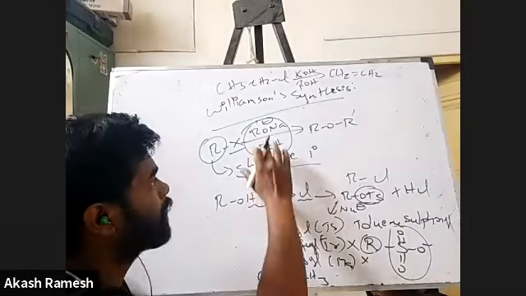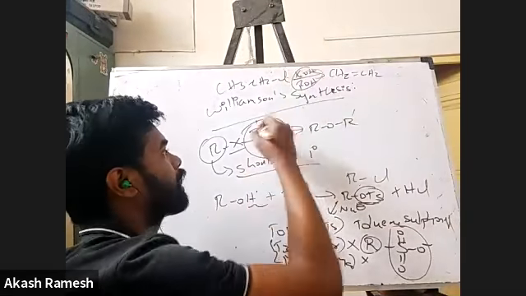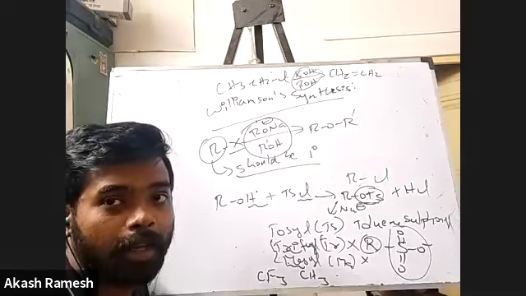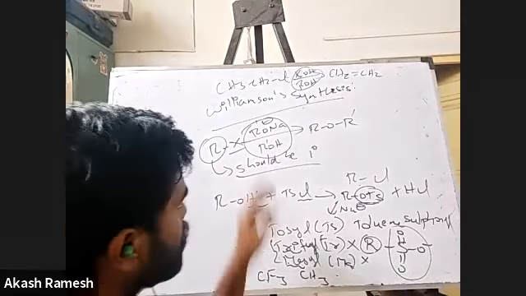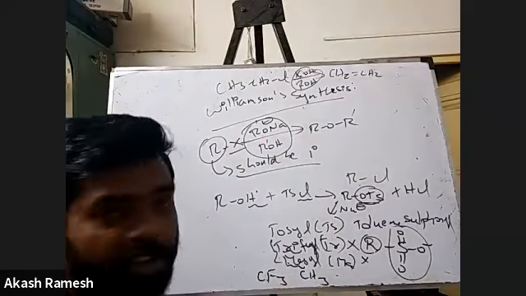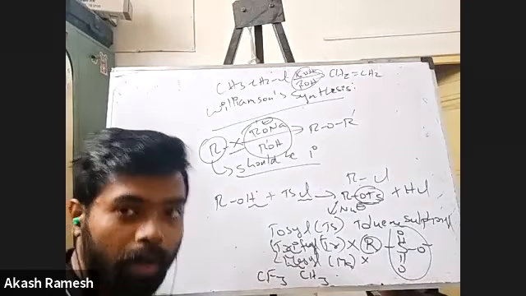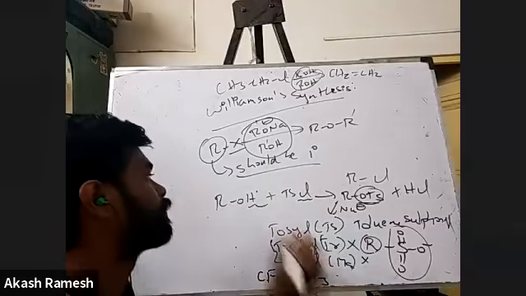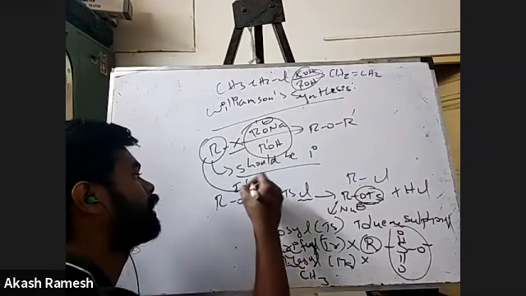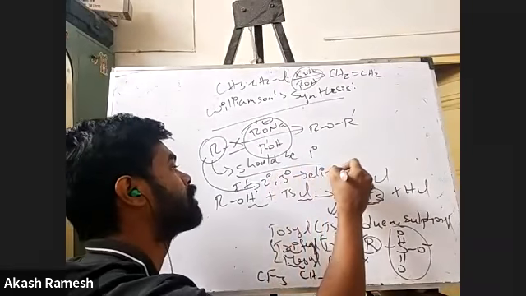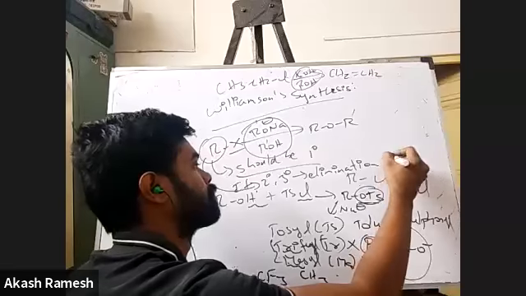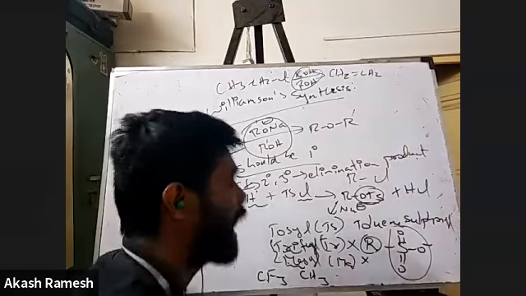Now the same reaction, instead of this I can even use this RO minus Na plus in the presence of ROH, which also can act as a base. So now in this case there is a nucleophilic substitution reaction happening. But if this R is secondary or tertiary, I will get elimination product, in the sense that I'm going to form alkene.